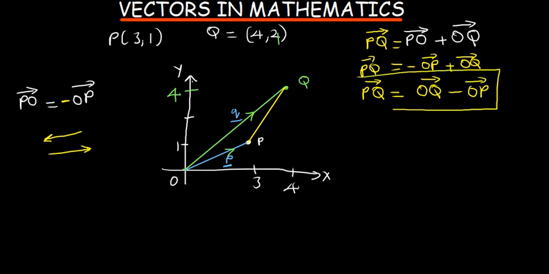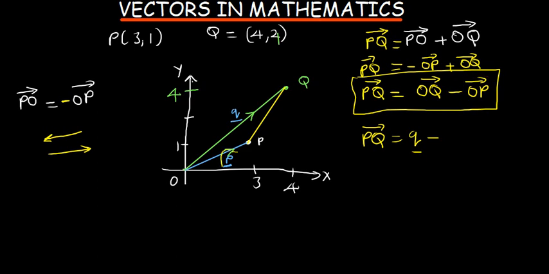This one is very very important for you to know, especially for paper one. So we're going to say PQ is equal to, what is OQ? OQ is Q. So we are going to put Q here, minus, what is OP?